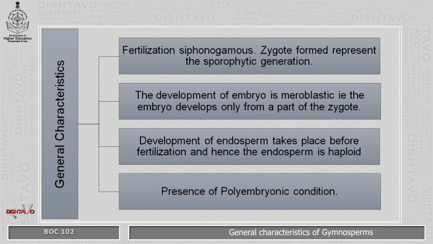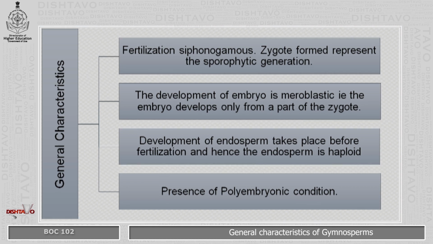Secondly, the development of the endosperm does not take place after fertilization, but it takes place before fertilization, and hence the endosperm is haploid. Whenever the fertilization takes place, the zygote develops into an embryo, and the entire ovule gets converted into a seed.